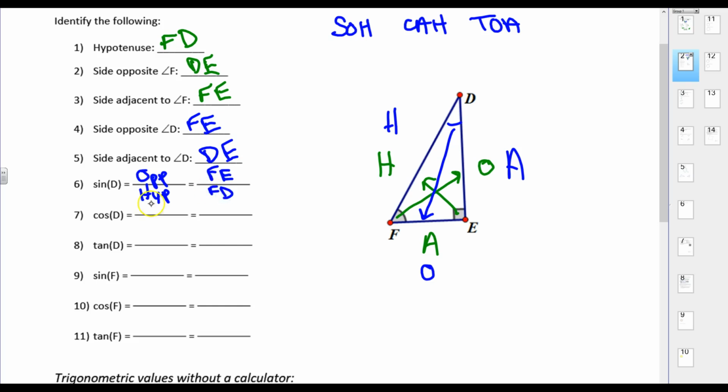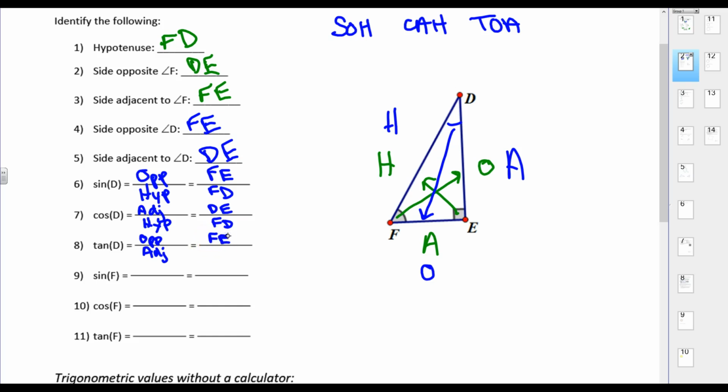My cosine is always adjacent over hypotenuse. Well, my adjacent side to angle D we determined was DE, and my hypotenuse is always FD. And then the tangent of D is opposite over adjacent. So my opposite side of angle D is FE.